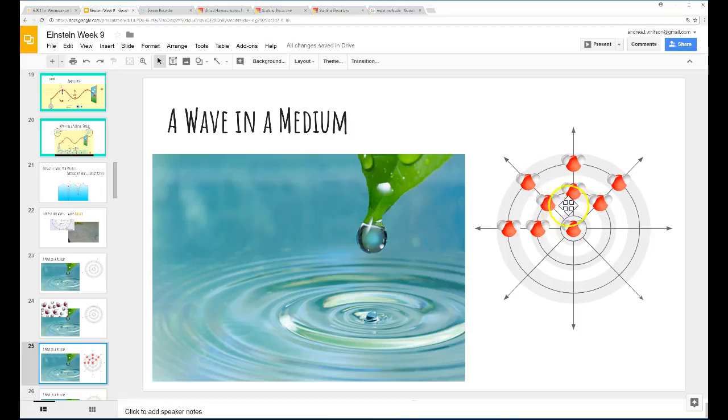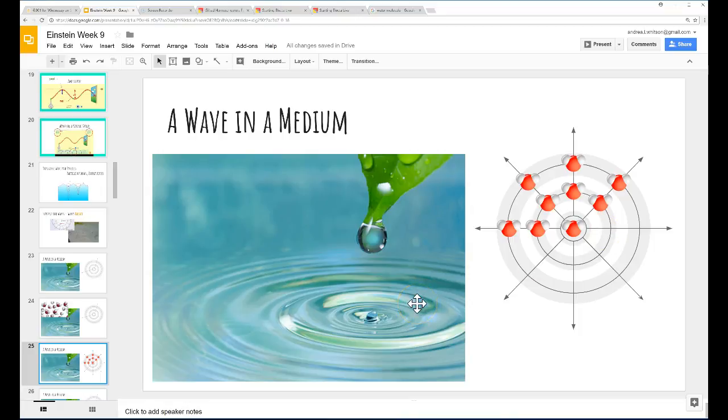And then when they move, they send out a wave in all directions at their location. Now, I don't show water molecules down here because I just got lazy, but the only way this wave moves in a water wave is by disturbing other water molecules. It gets down to the molecular level.